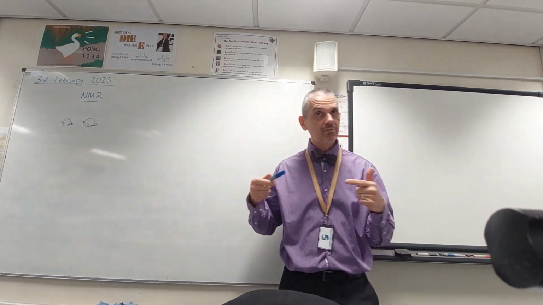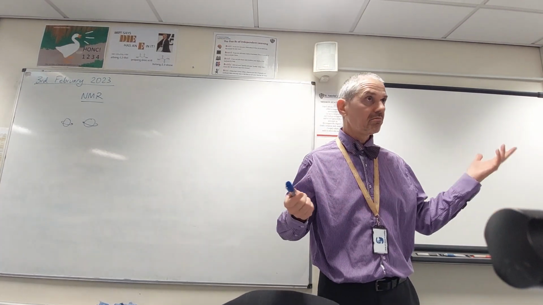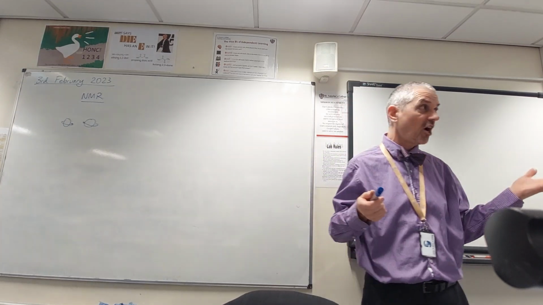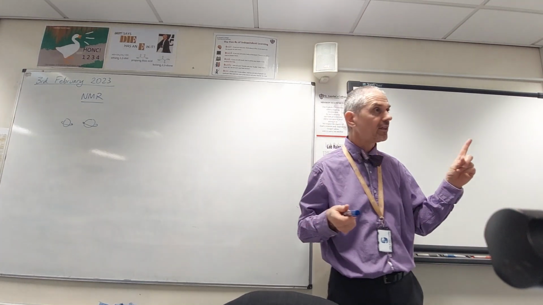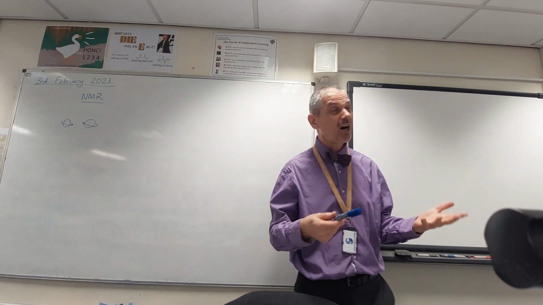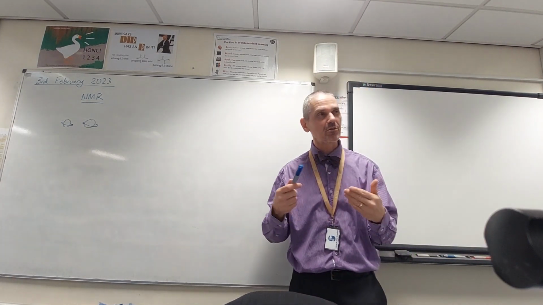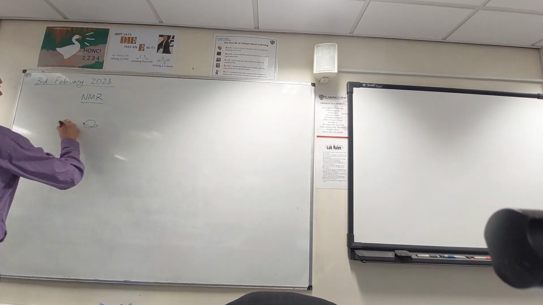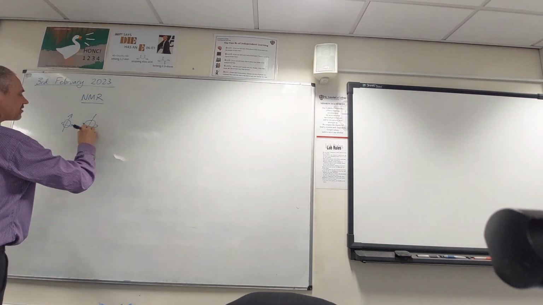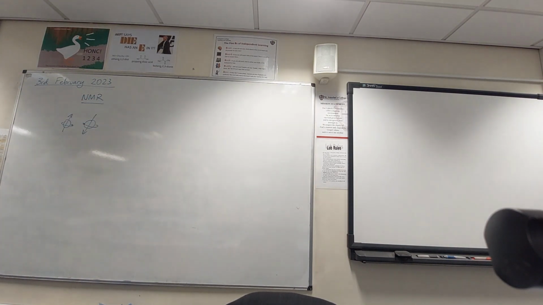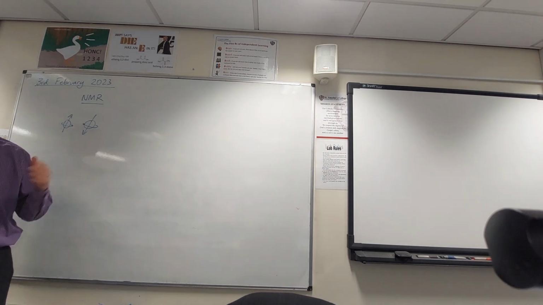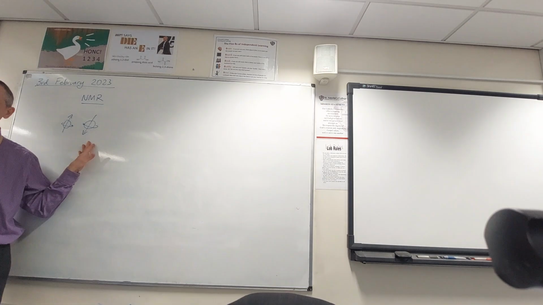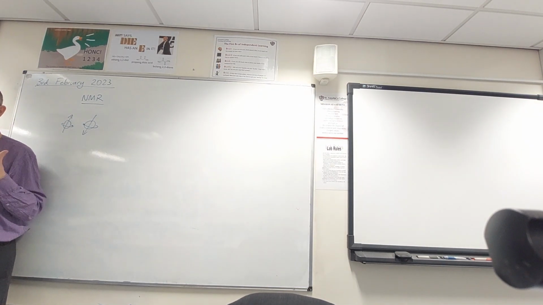If you've got an odd number, a hydrogen atom only has one proton, or a carbon-13 nucleus, that odd number of spins means you get some residual spin. And apologies to the physicists if I've got that wrong, but the spin generates a magnetic field, and so we tend to talk about spin up and spin down when we're talking about the states of the nuclei.